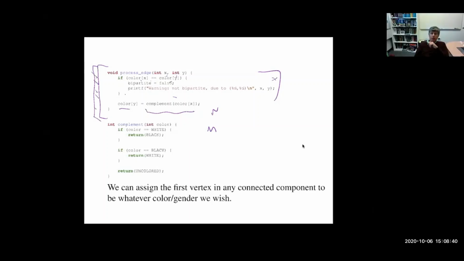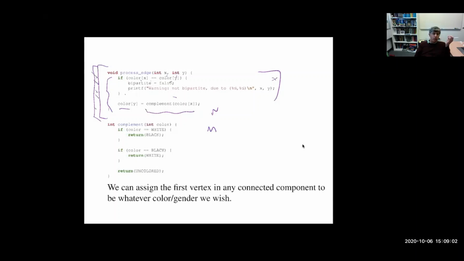Why is it n plus m? It's n plus m because we're doing a breadth first search. Whenever we visit an edge, we're going to do this. What is this work? This is a constant amount of work. Does everybody see that? We'll do a constant amount of work every time we visit an edge.